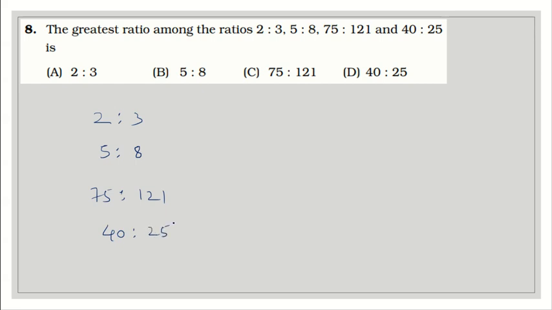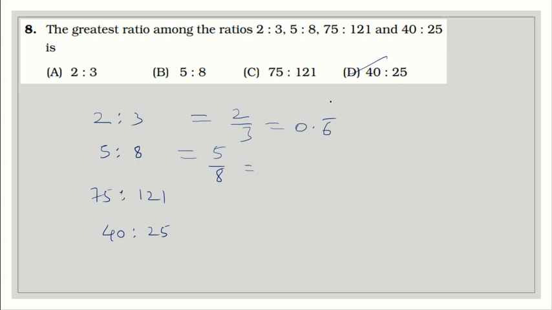If you do not use your common sense, you will keep calculating like this: 2/3 is 0.6 bar, 5/8, you will keep on calculating. If I have common sense, I will not do anything, I'll straight away say answer D is the right one.